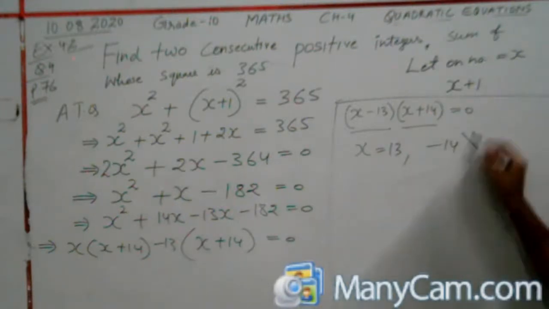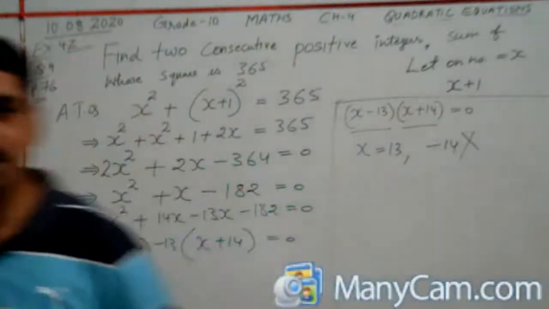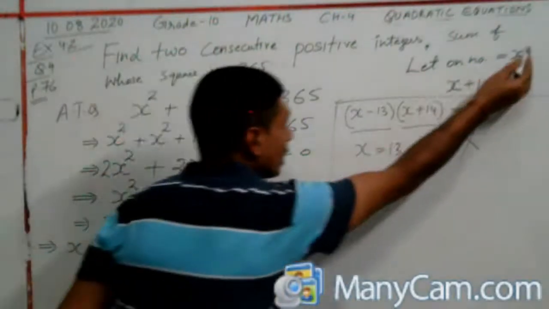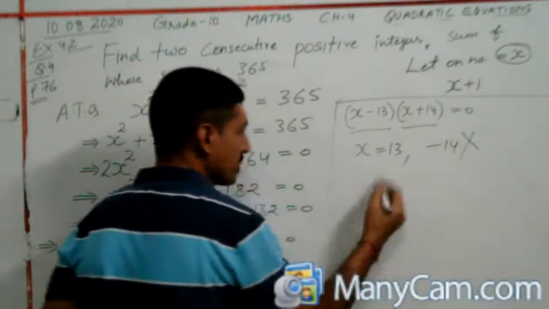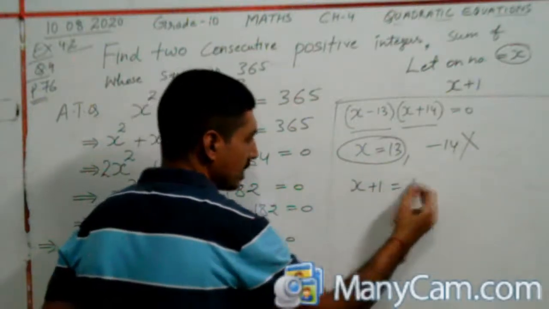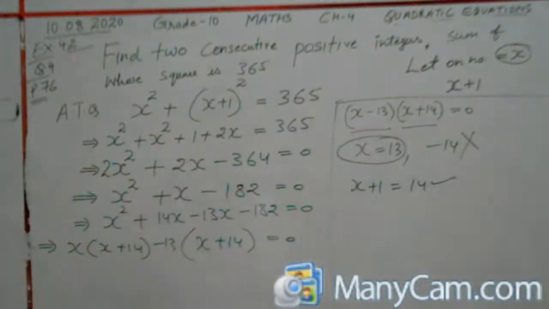Minus 14 cannot be x, because we are talking about positive integers. So x is 13, so x plus 1 is 14. These are the two numbers: one is 13 and another is 14.